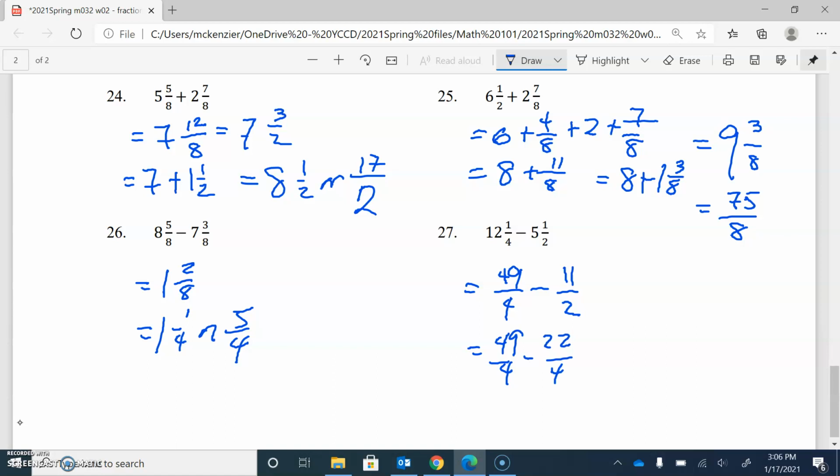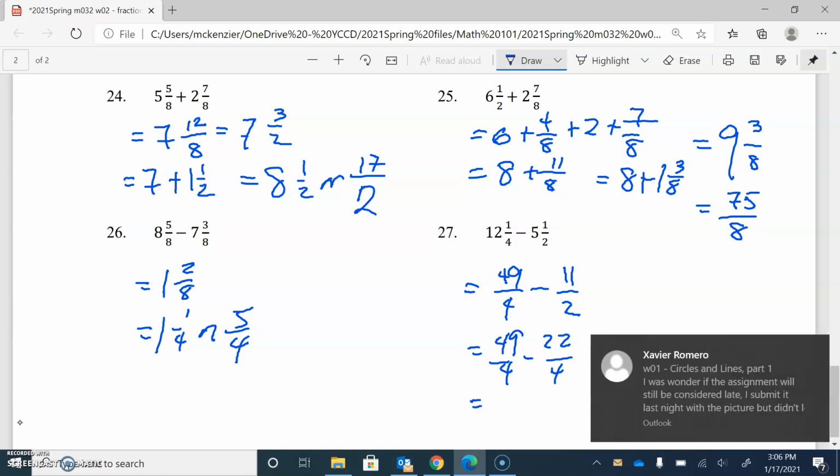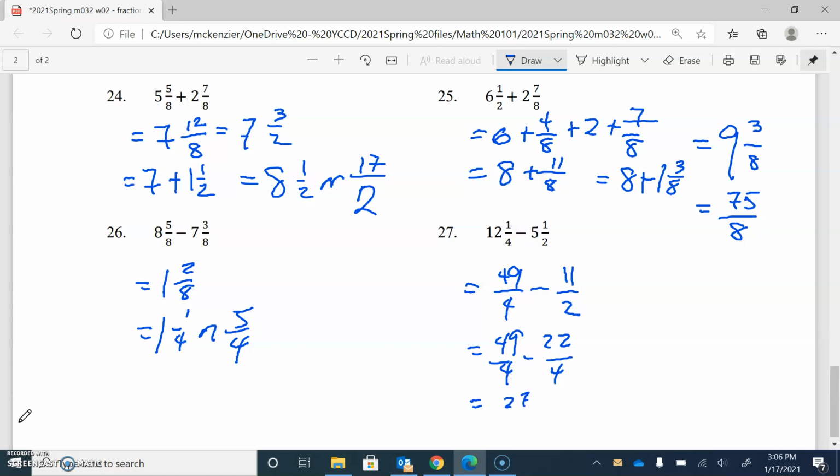Then we can subtract that and get 27 over 4. So there's our answer of 27 fourths, or if you prefer, it's 6 3/4.